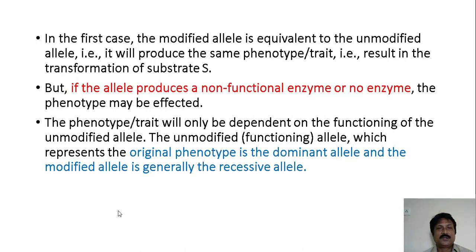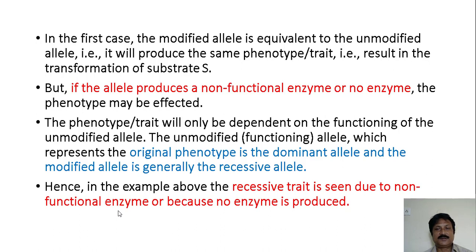The phenotype of the trait will be dependent on the functioning of the unmodified allele. Here this is very important. The unmodified allele, which represents the original phenotype, as we have discussed earlier, the original phenotype here is the dominant allele, and the modified allele is the recessive allele.